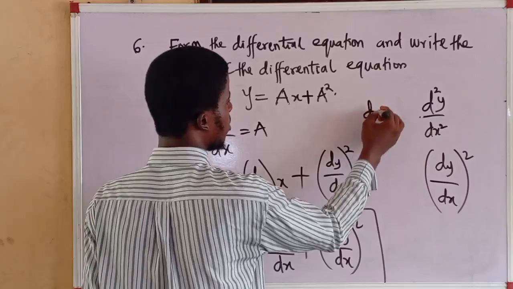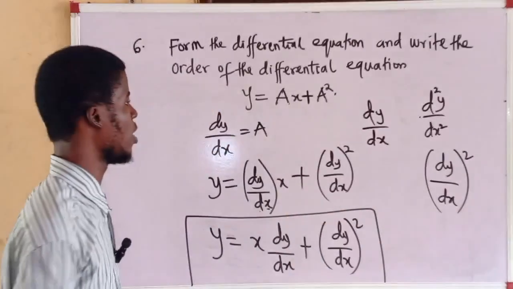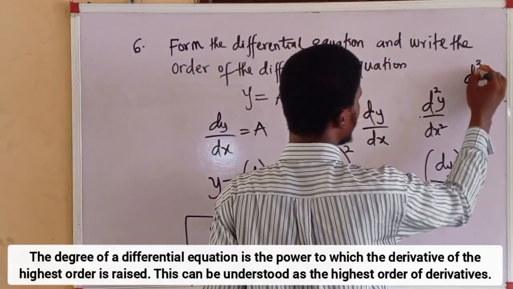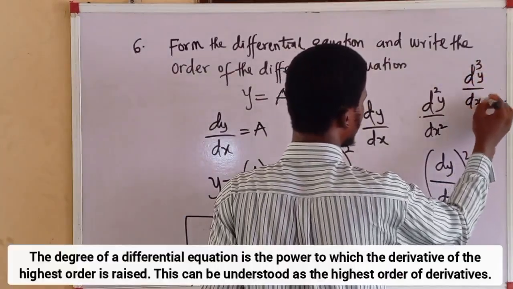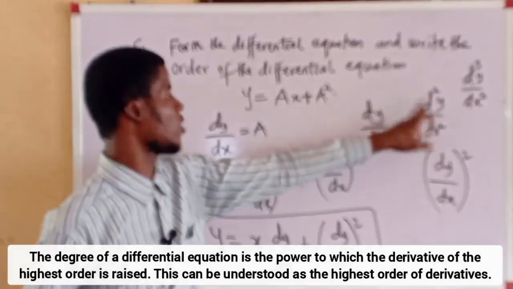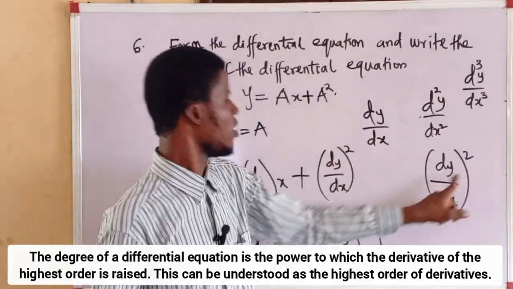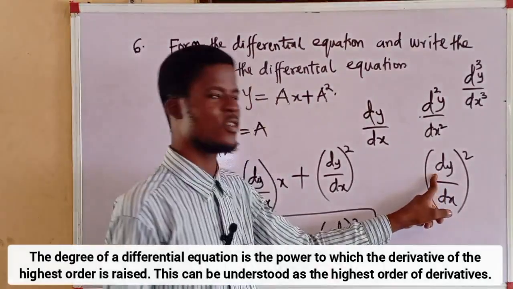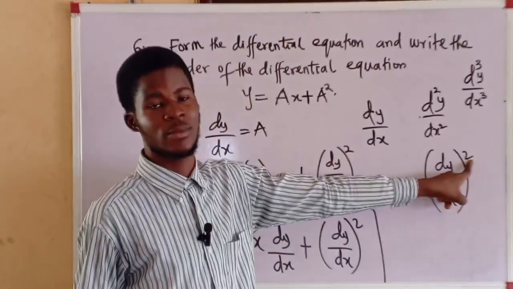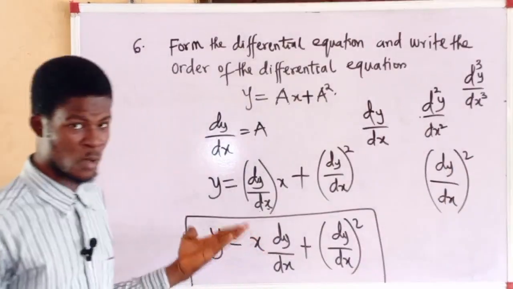This is of order 1, and possibly order 3. So second order, first order, third order, and so on. But the differential equation inside this bracket is of order 1, but it has a degree of 2. For this differential equation, the order is 1.